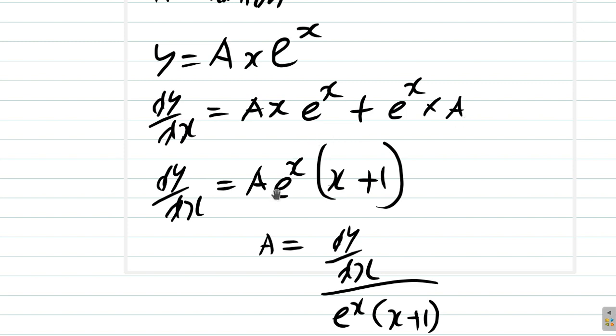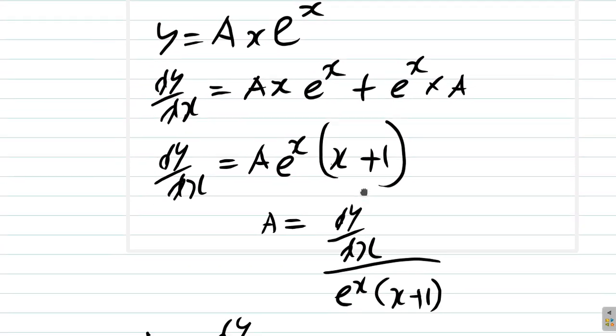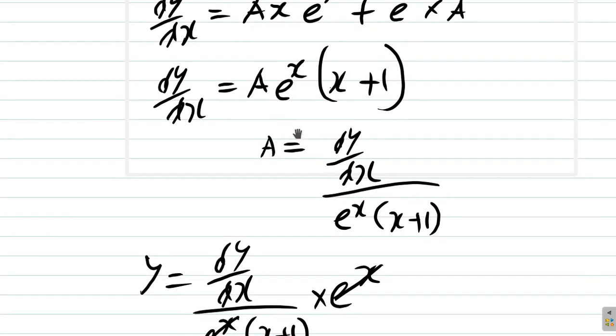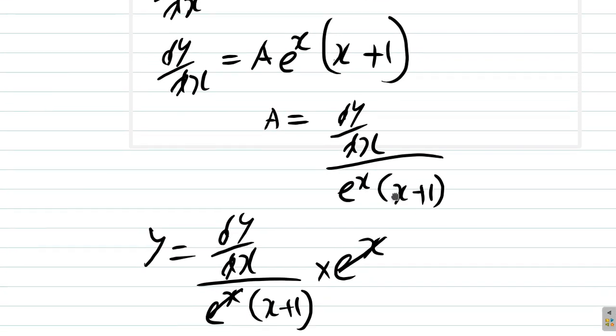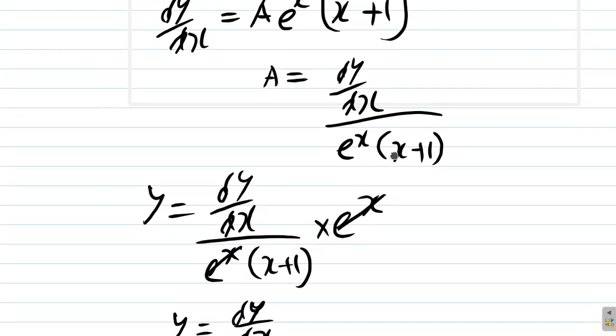So here now it is equal to, we factorize and we get a e to the x, x plus 1. So we have a is equal to dy by dx over e to the x, x plus 1.